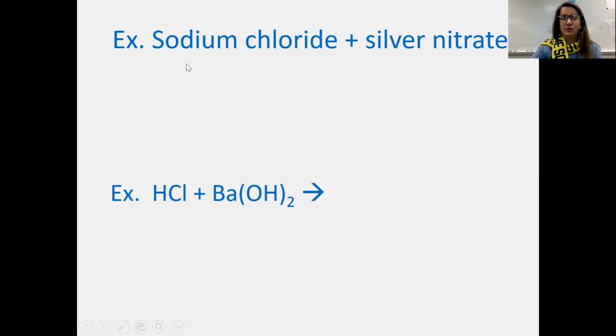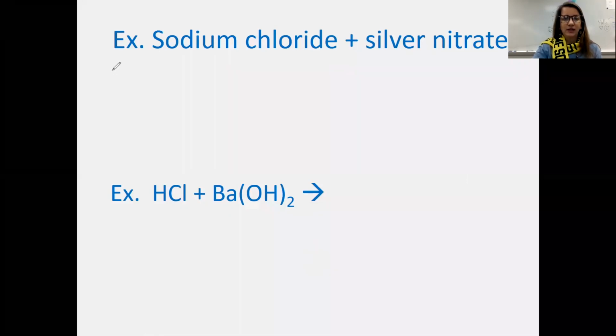So with sodium chloride and silver nitrate, first we're going to write our actual reaction that we're used to writing. NaCl, and these are going to be solutions that we're starting with. I should have put that in the equation, but I didn't. So NaCl aqueous plus silver nitrate, AgNO3.